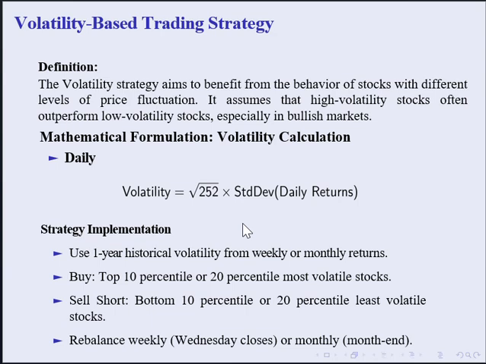In volatility strategy, we calculate the volatility of the returns from historical data of the past year. In volatility, we assume that in a bullish market, high volatile stocks will outperform the low volatile stocks. So, for portfolio construction, we use top and bottom 10 percentile and 20 percentile stocks in terms of volatility for constructing a long short portfolio with weekly and monthly rebalancing.